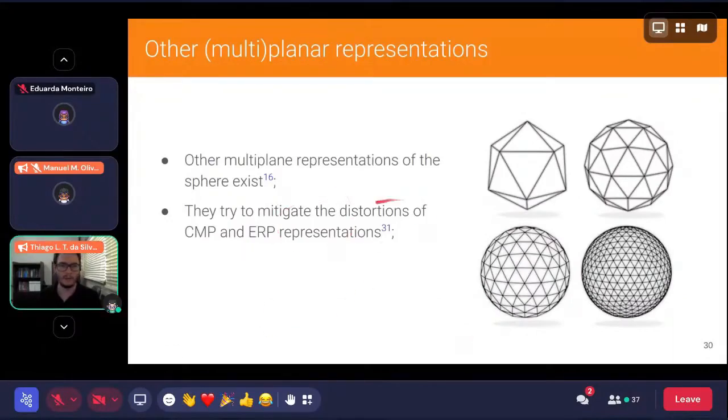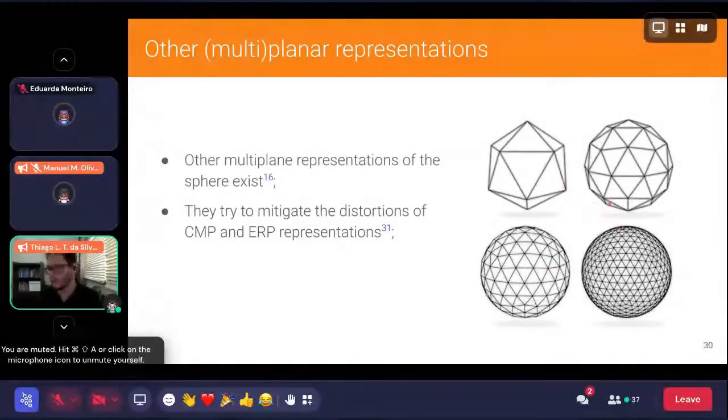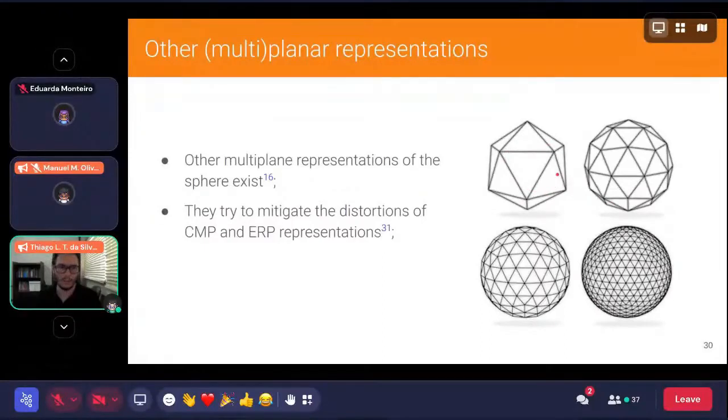The main idea of this kind of multi-plane representation is to mitigate even more those distortions that we saw before. The connections between the faces are much more intricate than earlier, but it actually reduces the distortion.